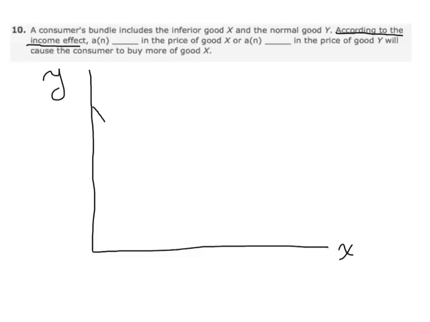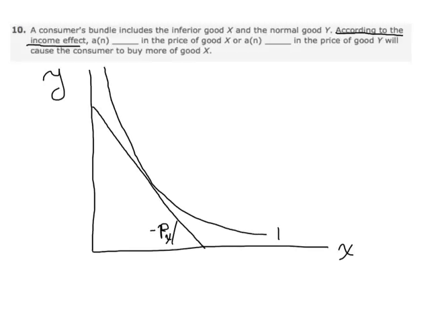All right, so we've got this composite good against good X, slope negative Px, and let's start with an initial tangency, and we know that X is an inferior good. So call that point R. We've got X, R, and we're ready to go.